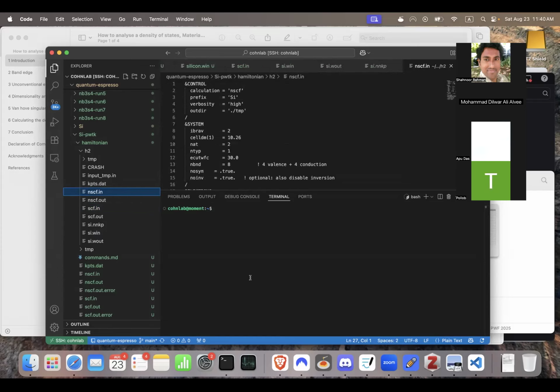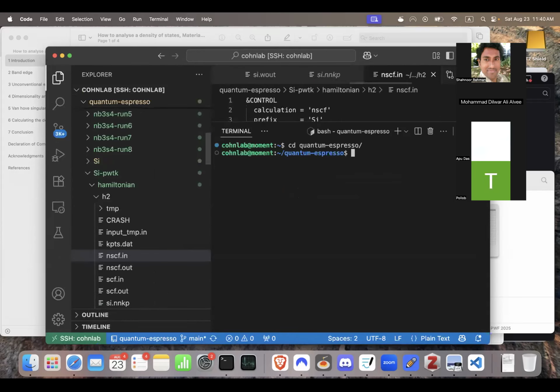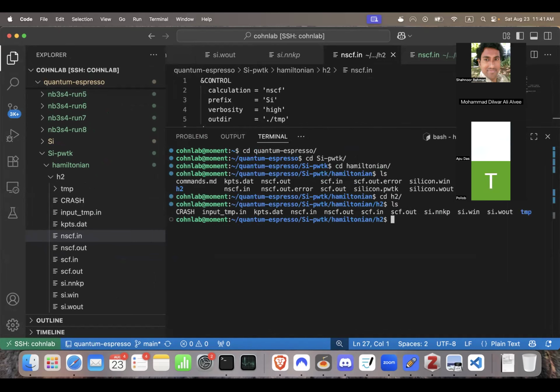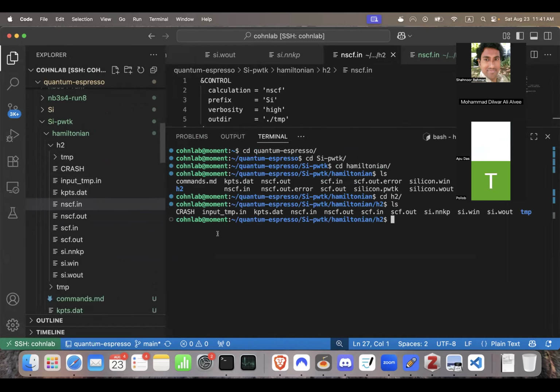Just standard files. And if I go there, maybe I can increase the font size. Then Hamiltonian. Yeah, I have these files here.